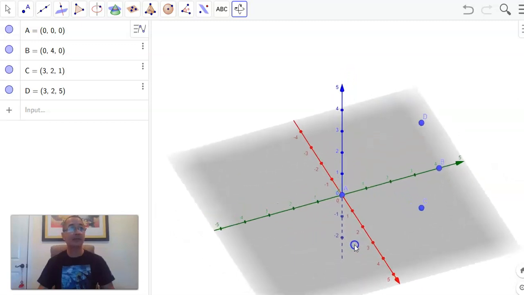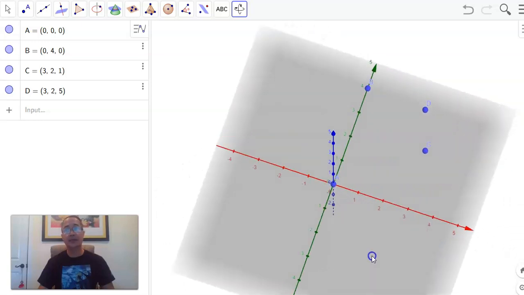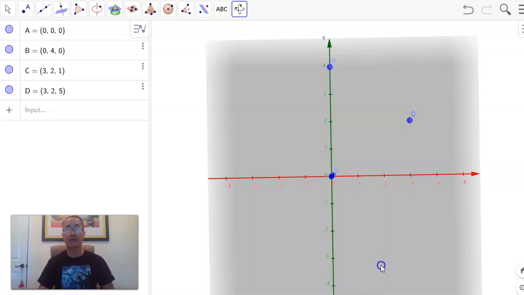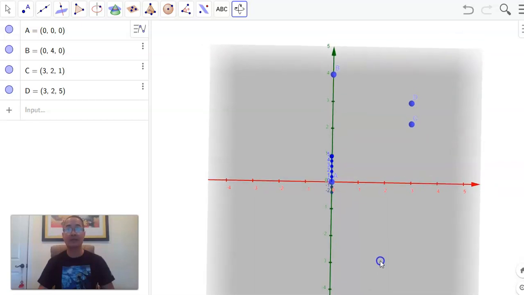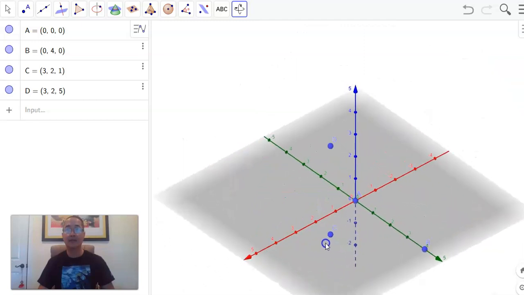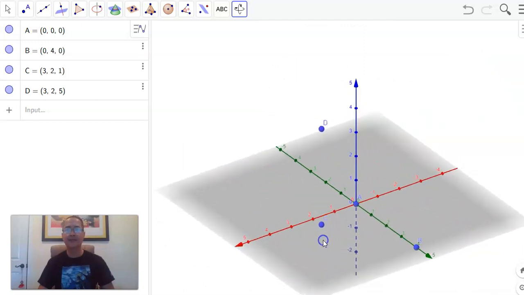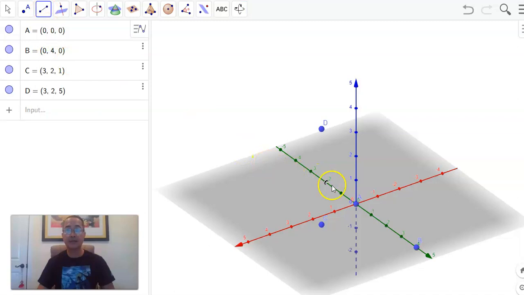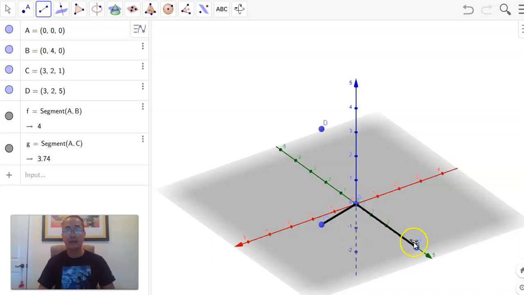But they do share the same X and Y coordinates. So there they are, right on top of each other. Okay, so let us draw the tetrahedron. Connect the vertices with segments. This should sound familiar. A to B, and then A to C, and then B to C.